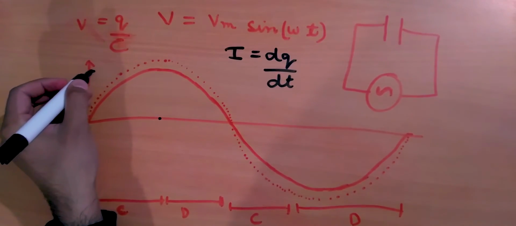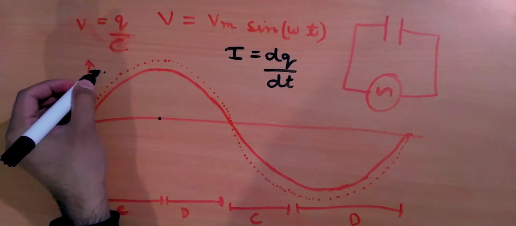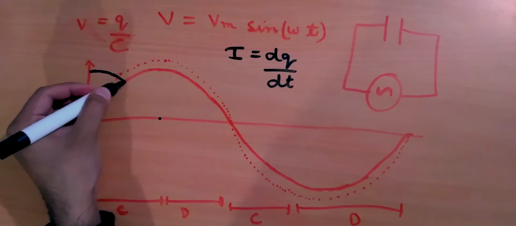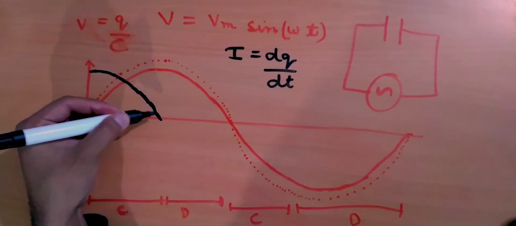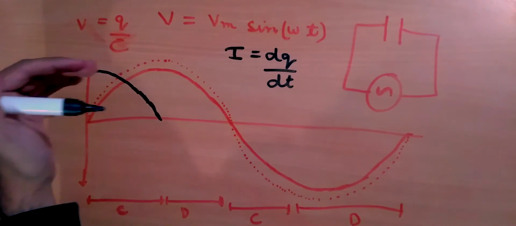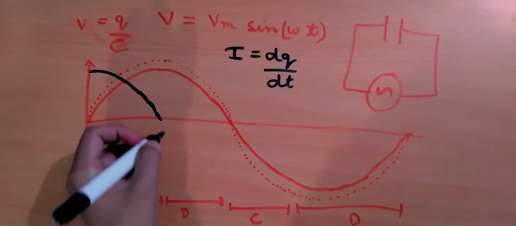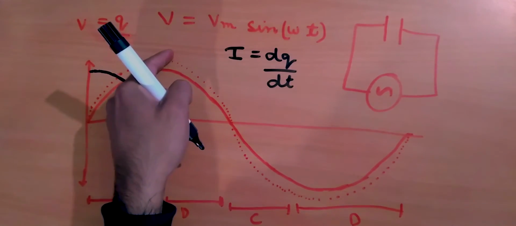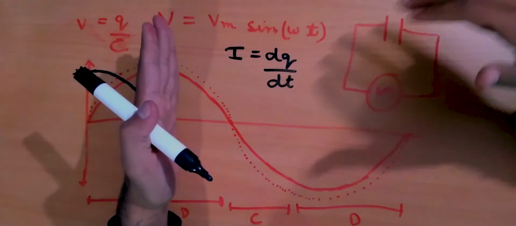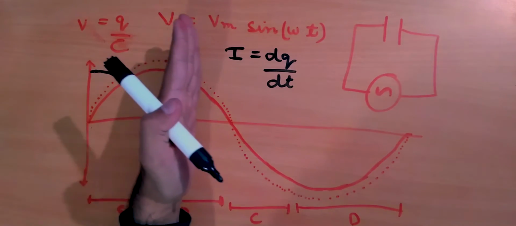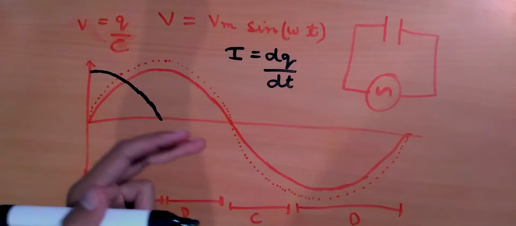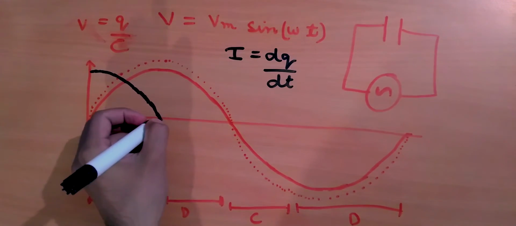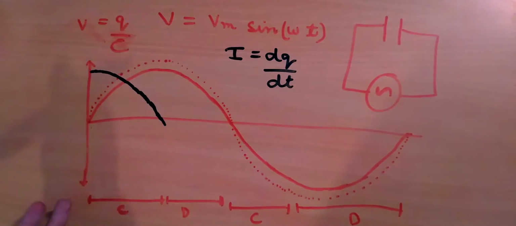So the current goes from this maximum value, and I should do a solid line to represent current, it goes down to 0 till this point. So the current is slowly reducing. At this point the capacitor is completely charged up, and after this the capacitor begins to discharge, and to discharge it, the current runs in the opposite direction. So now the current switches its direction, it flows in the negative direction, so to speak.